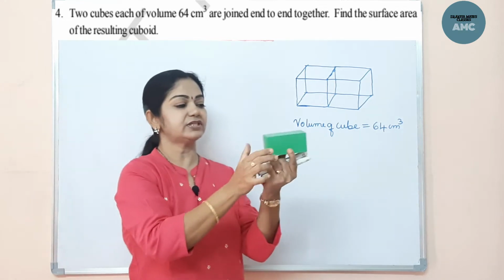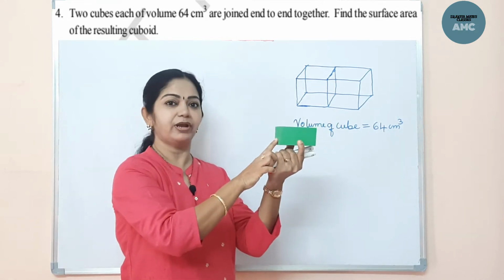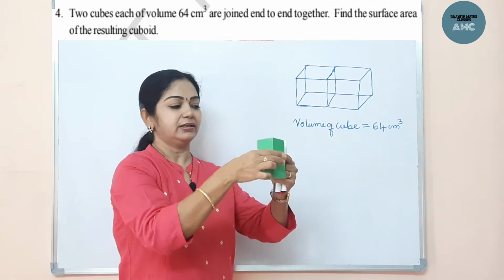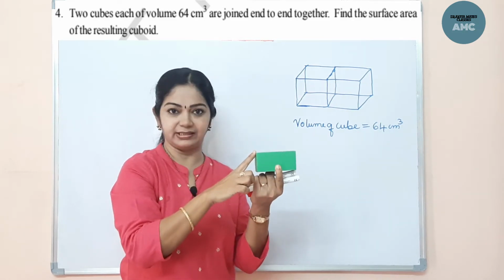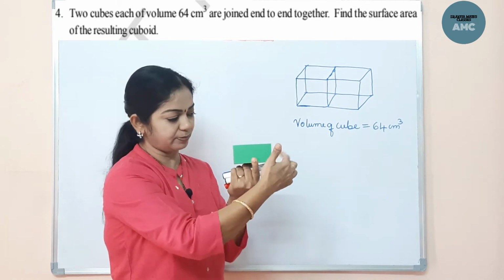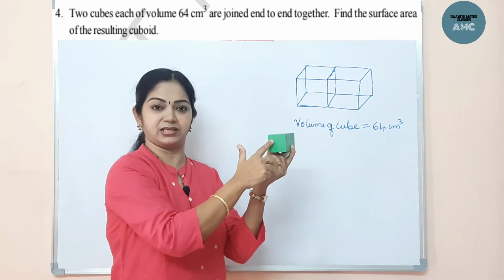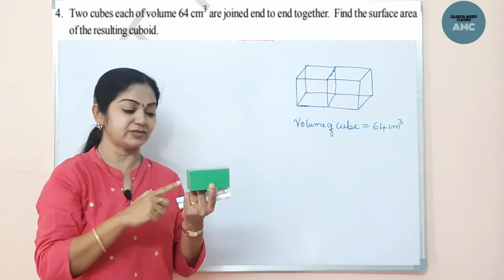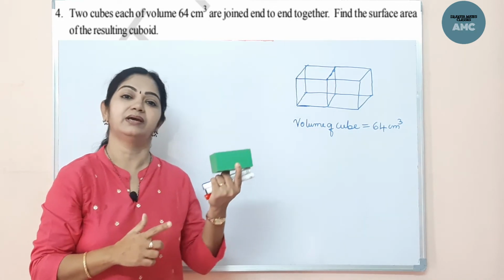Now here, if you see, this is not a cuboid, but it is a square prism, right? Here the lateral faces are rectangles, but the base and the top, see, both the bases are squares. So in a cuboid, all the lateral faces as well as the base and the top must be rectangles.